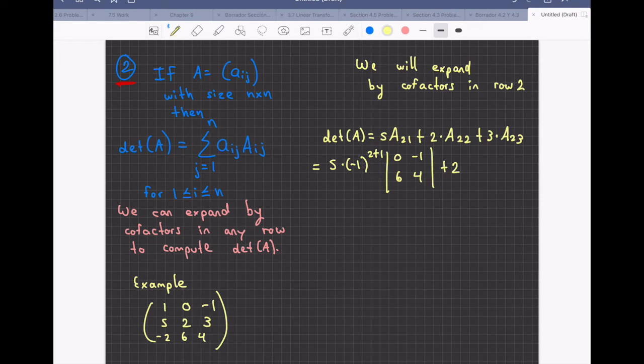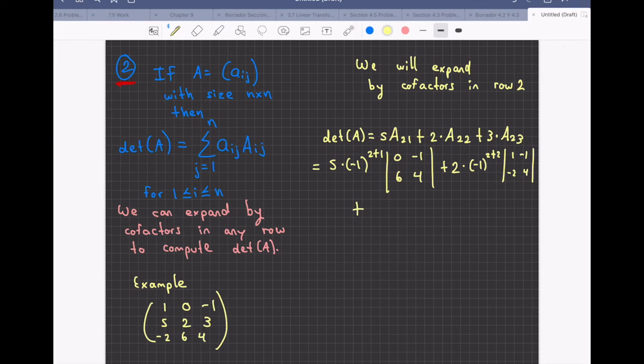Plus 2 times the cofactor, -1 raised to the 2 plus 2, times remove row 2, column 2: 1, -1, -2, 4.